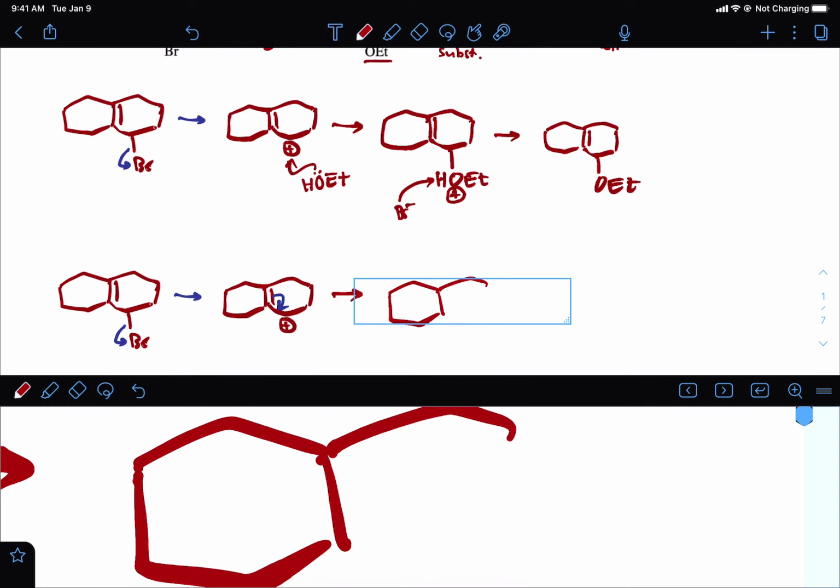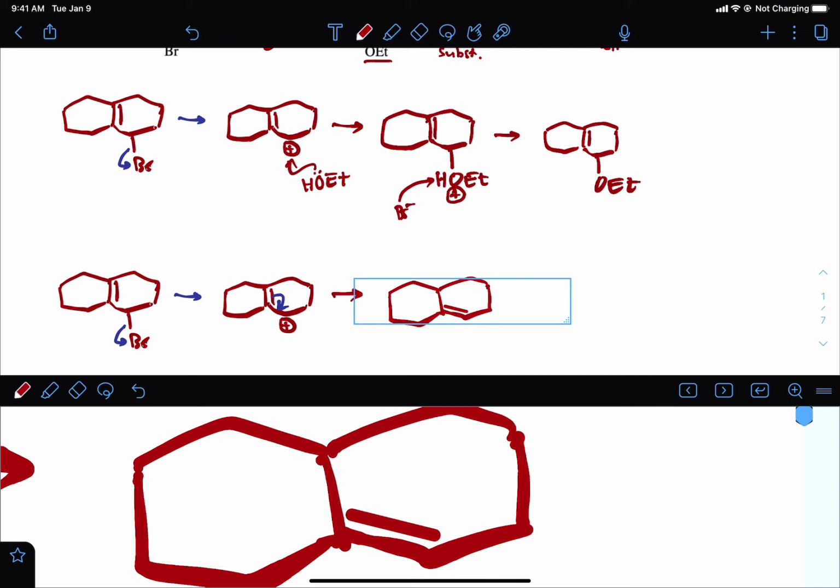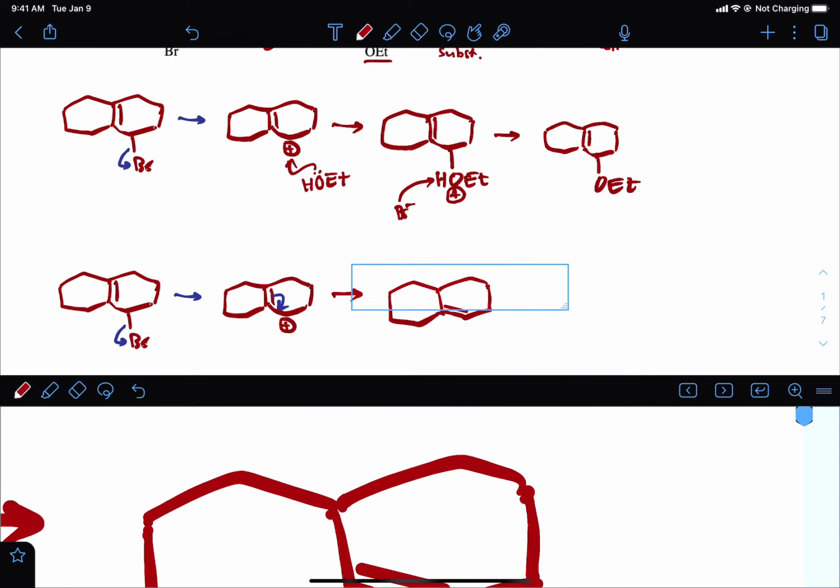Electrons don't like to be pinned down. They don't like to stay in one spot. So if they can move, if they can spread out, they will. And there's an adjacent empty valence next to that pi bond so it can move. So when that pi bond moves, so does the cation. And notice that that's exactly where our OEt needs, hang on one sec.